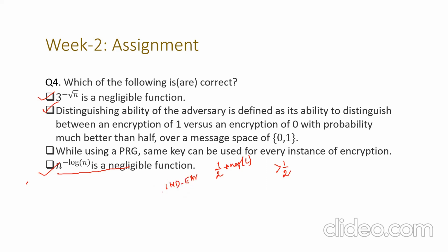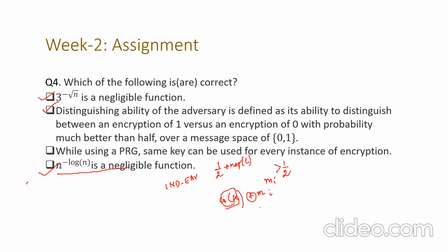All these things we need to consider. But yes, in general, the same key can be used for every instance of encryption because we have the fixed key K and the corresponding G(K) is also fixed. So for each Mi, I can just XOR it with Mi. But the point is that G(K) is a deterministic thing and will be fixed.